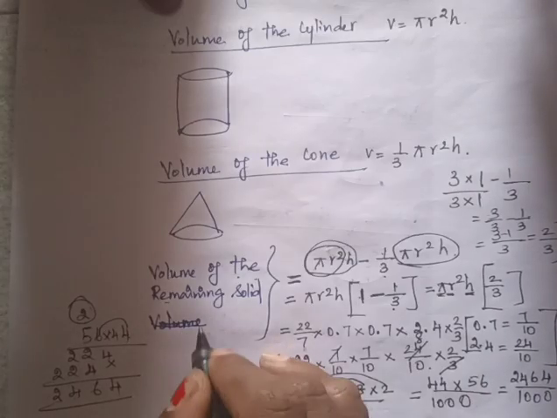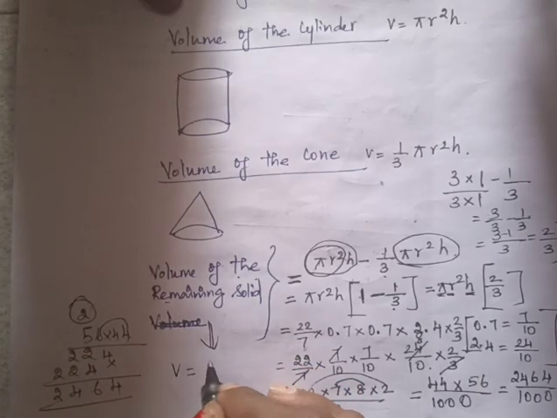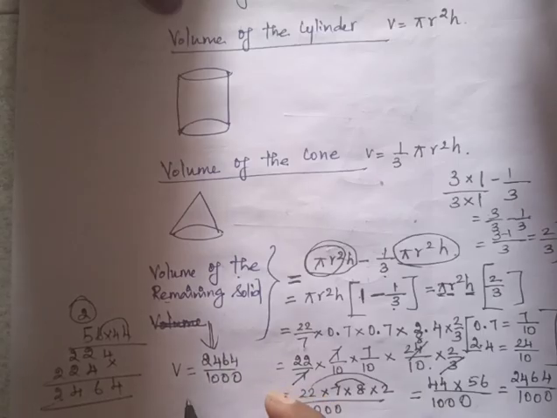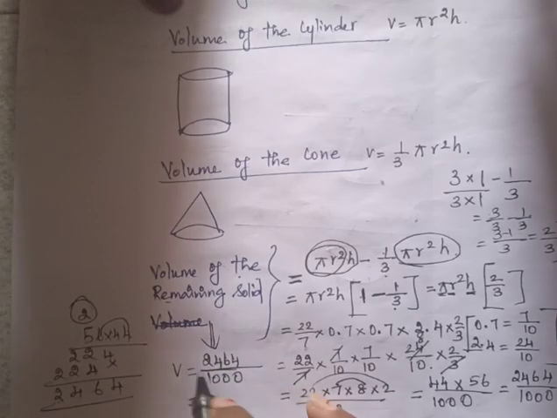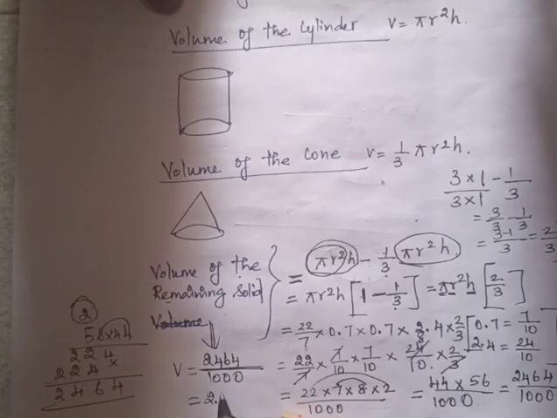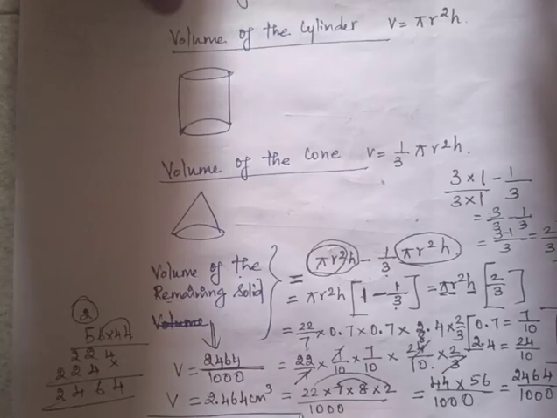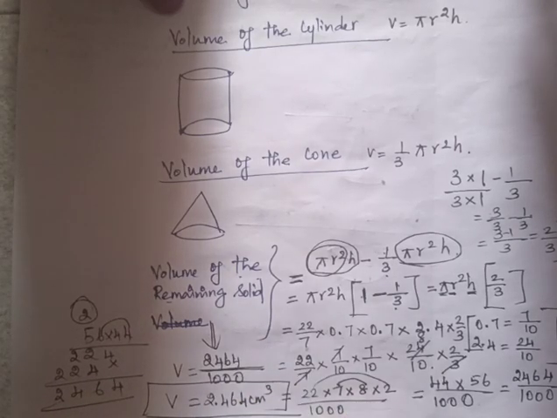The volume of the remaining solid V is equal to 2464 divided by 1000. Dividing by 1000 we get 2.464 centimeter cube as the volume of the remaining solid.